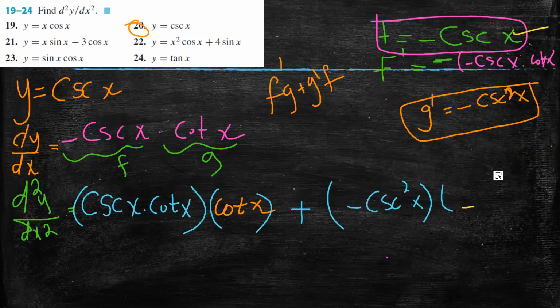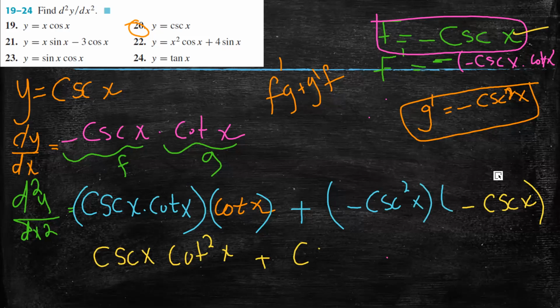Is it right? Then after that, as you see, we have to multiply them. Cosecant, cotan, cotan, so that's cosecant x cotan squared x plus cosecant cubed x.